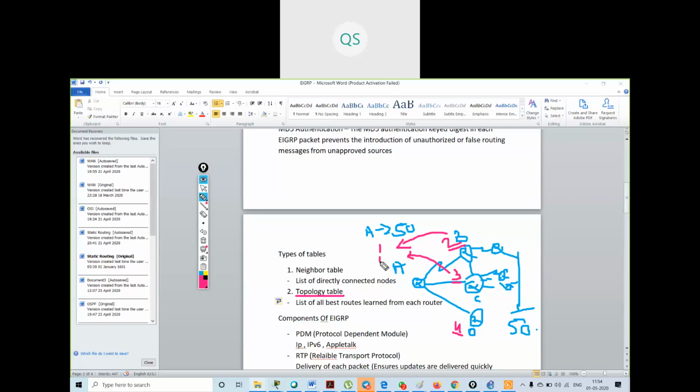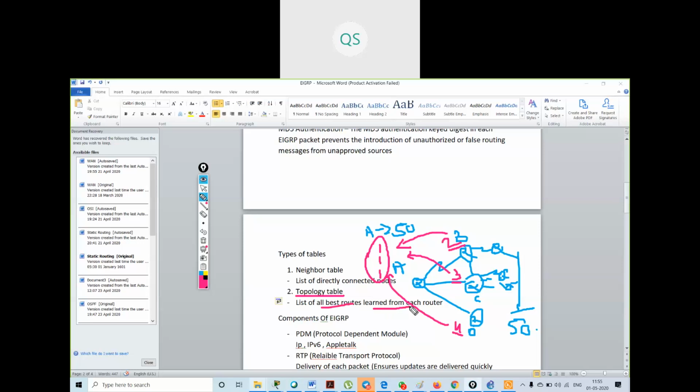D has 4 routes, and whatever is the one best route, D will advertise to A. So these 3 routes' information will be stored in the topology table: list of all best routes learned from each router.